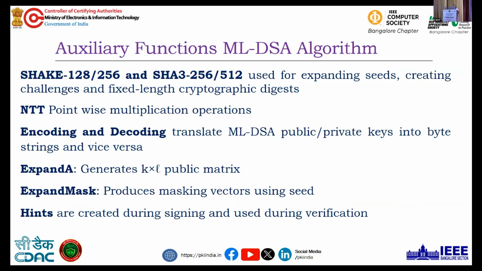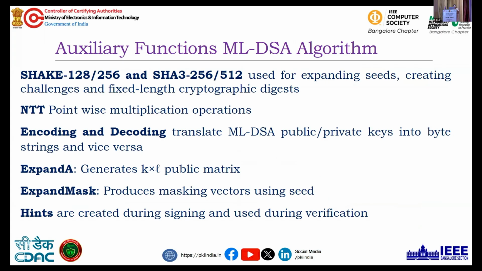Some of the auxiliary functions used in ML-DSA signatures are listed here, like SHA-128, 256, and SHA-3, 256, 512, which are used for expanding seeds, creating challenges, and fixed-length cryptographic digests. The NTT, that is the number theoretic transform, is used for point-wise multiplication operations.